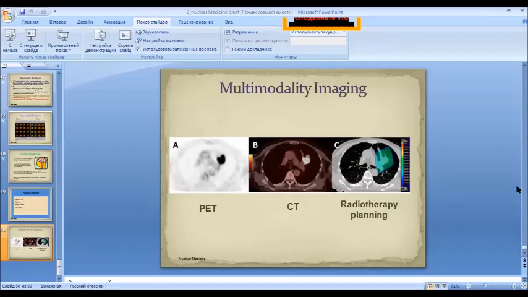If you look at a positron emission tomography picture, you can conclude that something is wrong. This black area is abnormal, of course, but you can't say where it is.